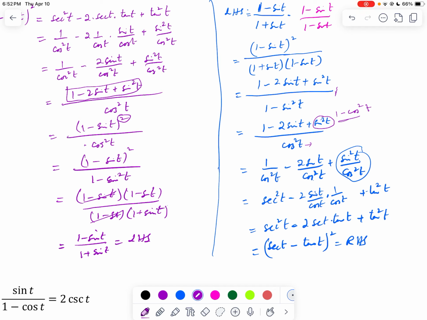On the top, all the terms we have are with sine, and the bottom is a power of cosine. So we can expect that when we divide, we are going to get tangent or secant. 1 over cosine will give us secant, and sine over cosine will give us tangent.